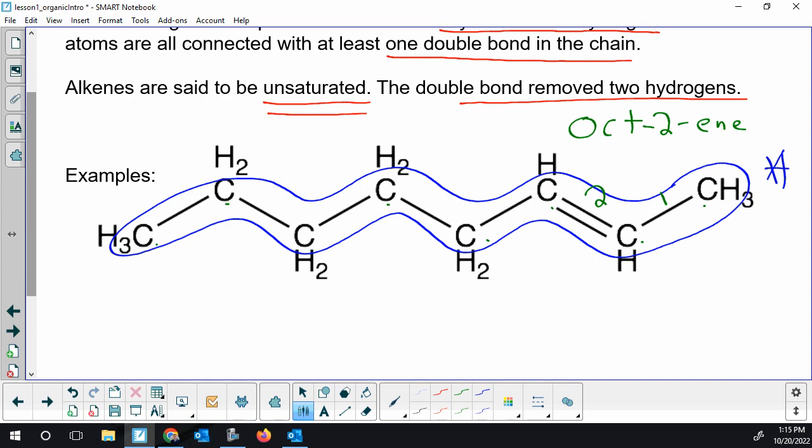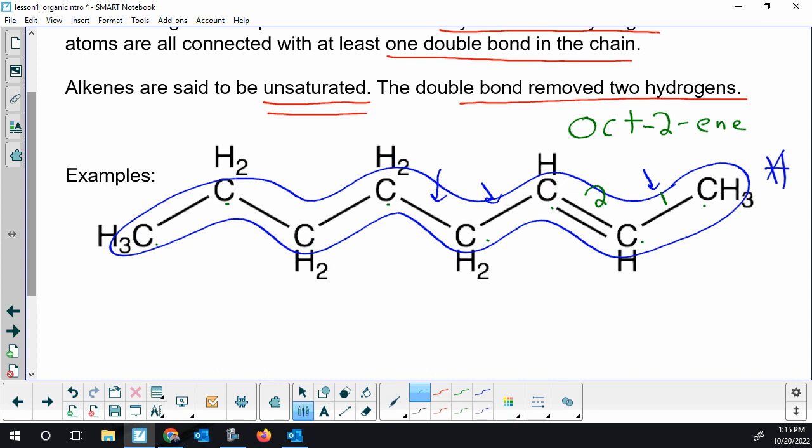In my rules, rule number 3 is, do we need a number? We need a number whenever there's more than one possibility. Are there octenes that have other numbers? Absolutely. You could have the double bond in the 1 position. You could have it in the 3 position. You could even have it in the 4 position.